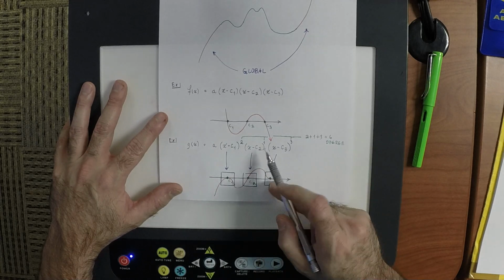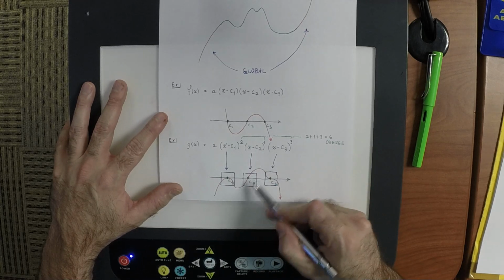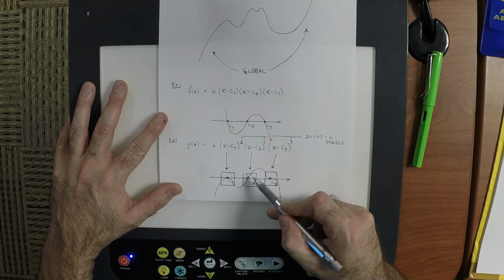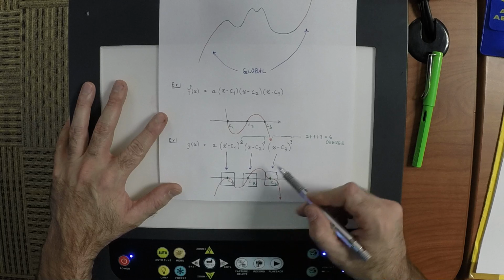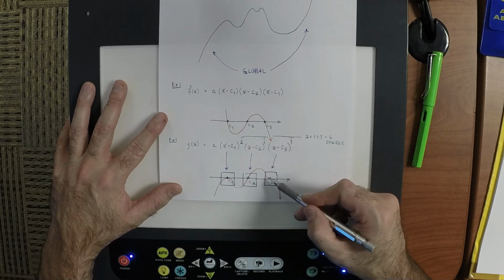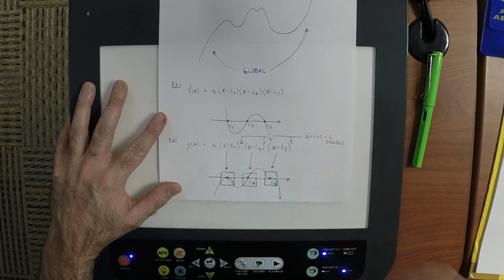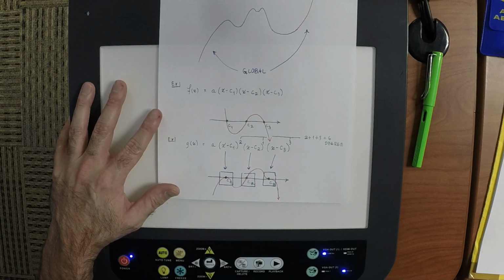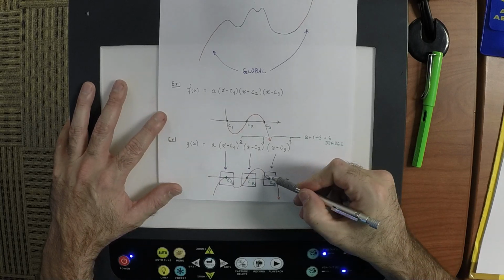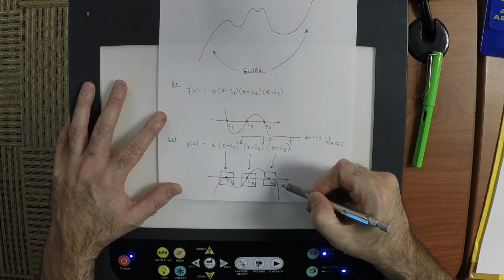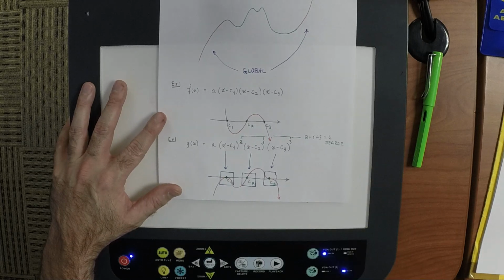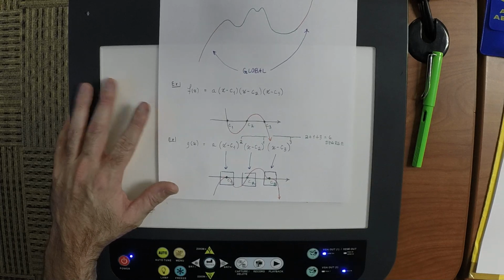So because this exponent is 1, that's a crossing, and furthermore, because it's 1, it crosses like a line. Because this exponent is 3, you're going to cross, but because it's 3, more than 1, it's going to cross like a cubic. Any question about these?